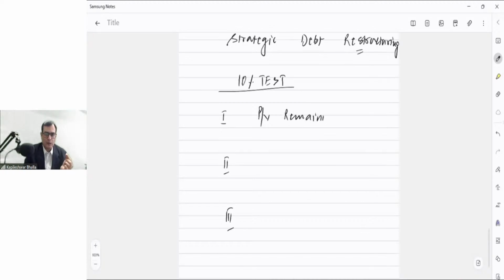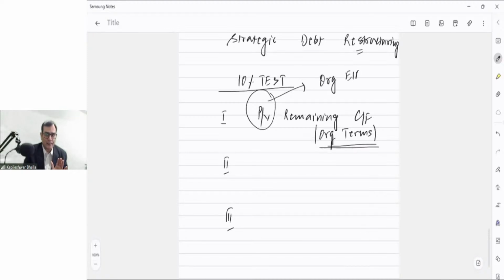I have an existing loan with a bank, so I will calculate the present value of all the remaining cash flows, as per the original terms with the banking company, when I entered into renegotiations with the bank. So take the present value of all the remaining cash flows based on original terms. And to calculate the present value, we will consider the original EIR itself.